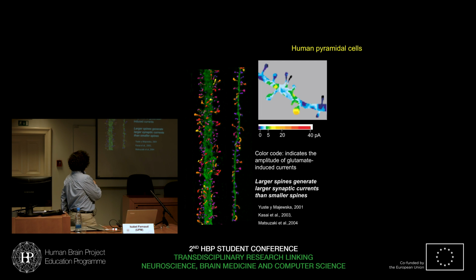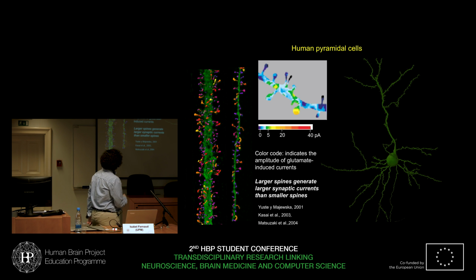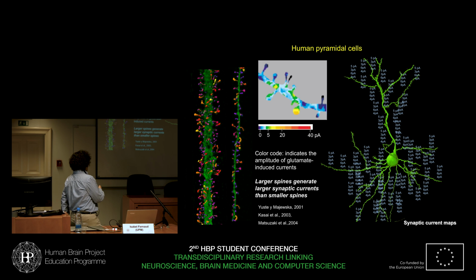Why? Because, as I said, the size of the neurons is related to the current that goes through it. So at the end, what you want to have is a map of the different currents that you have in your spines, and this may be useful to know the function of your neuron and your simulations.